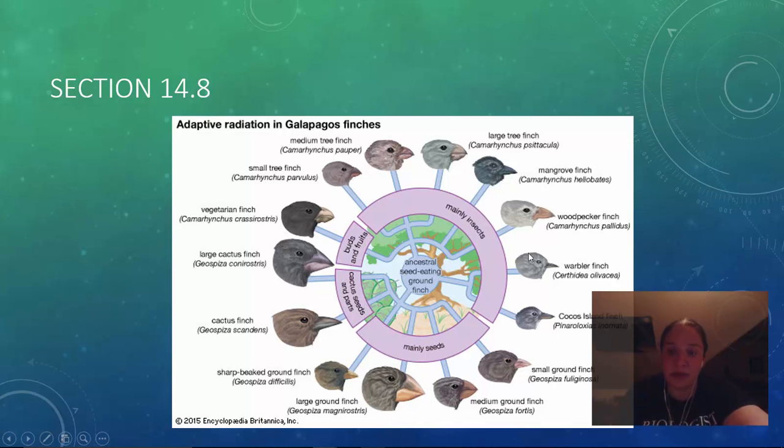See, the narrower beak is better for picking little insects out of bark or off the ground, but large beaks are better for cracking open seeds with really thick seed coats. Or say getting into tough cactus parts, all right, or cutting into buds and types of fruit.